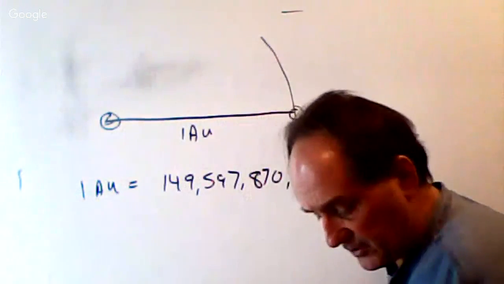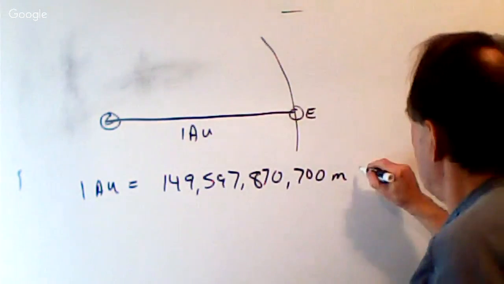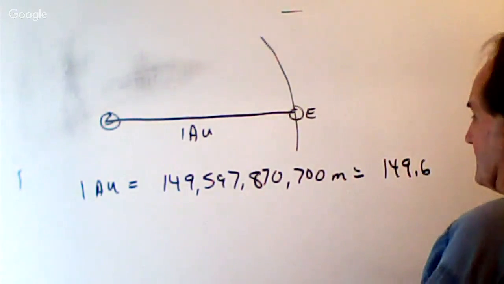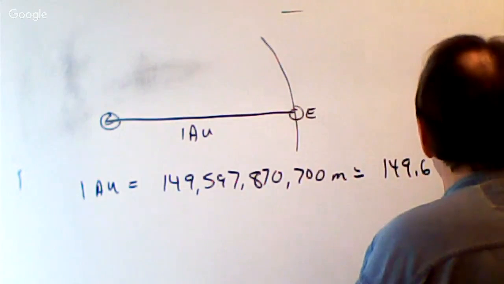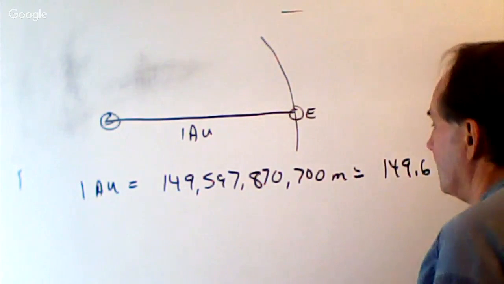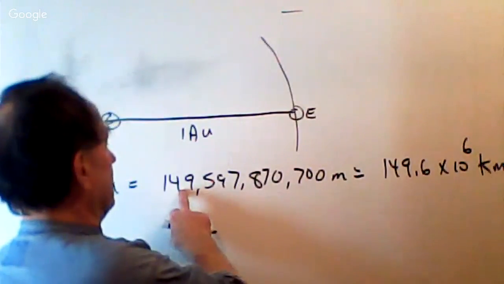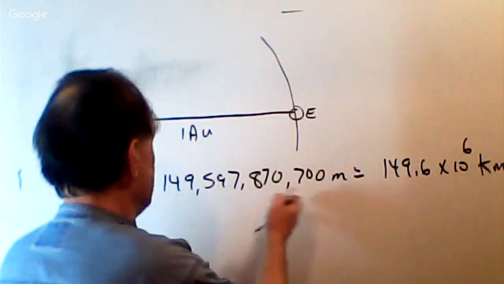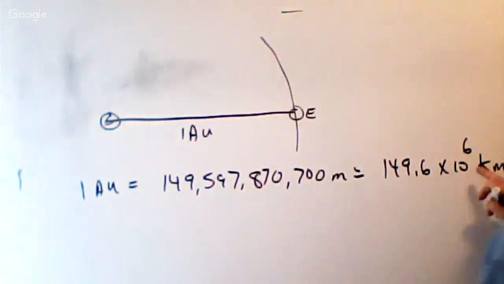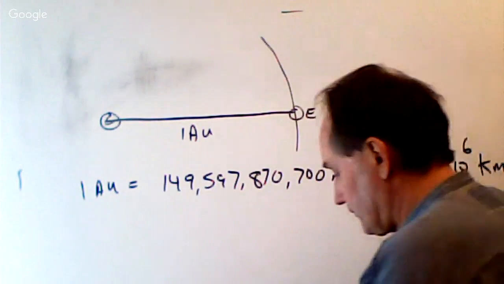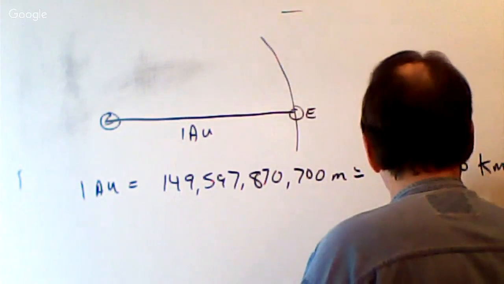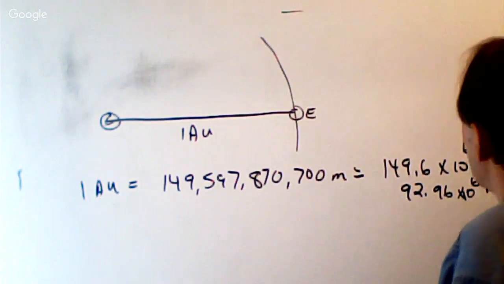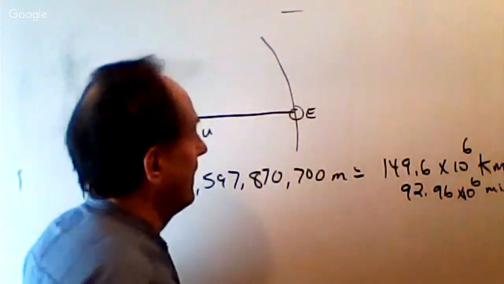That's the exact definition of 1 astronomical unit, which is approximately, the number I use is 149.6 times 10 to the 6 kilometers. Okay, this is 149 billion meters, and a kilometer is 1,000 meters, so it's 149.6 million kilometers, which works out to 92.96 million miles, or 93 million miles.